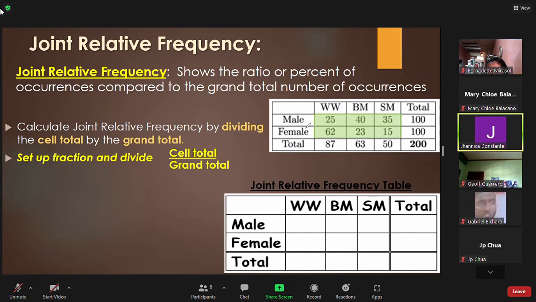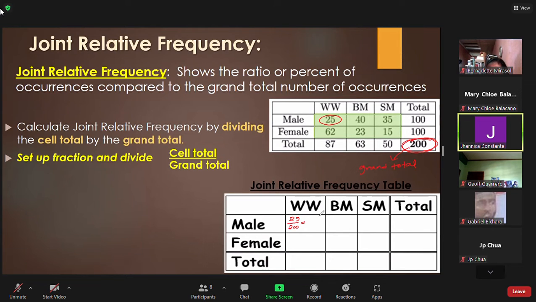So, solving for joint relative frequency: cell total divided by the grand total that we have. This is our grand total, the total in column and in row, which is 200. So we're just going to do 25 divided by 200.